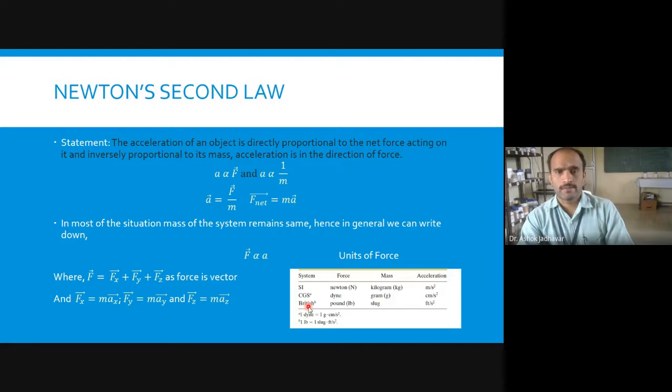Sometimes we use it, and according to the British unit system, force is measured in pounds, mass is measured in slugs, and acceleration is measured in foot per second square. Right. As far as the unit system is concerned, SI, tell me, what is the full form of SI?